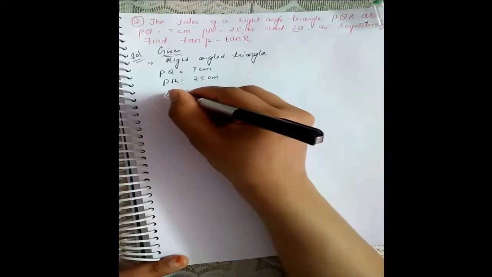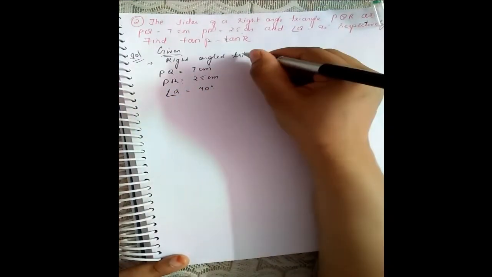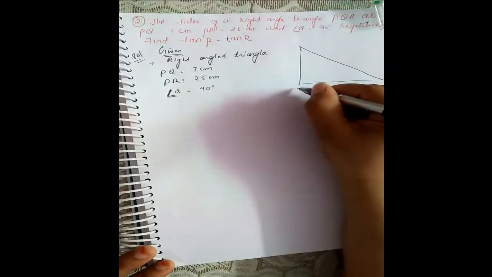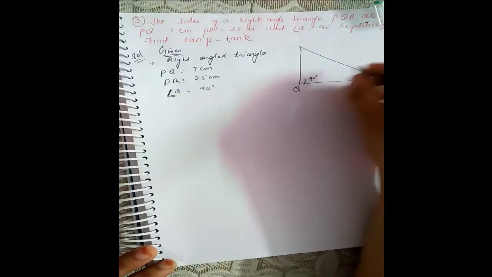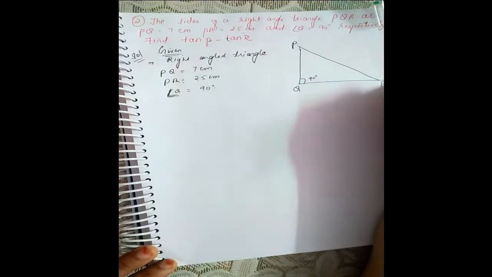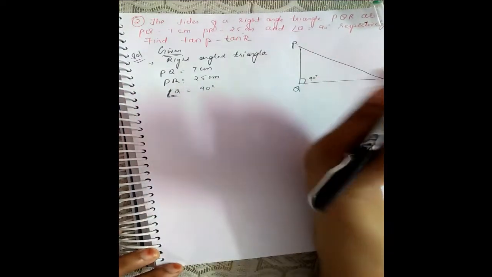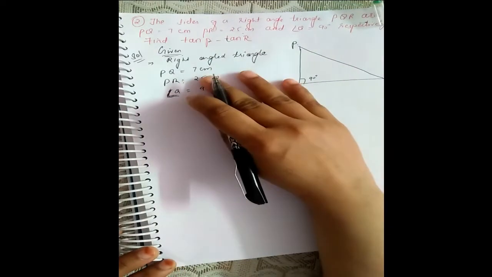So we know that angle Q is 90 degrees, but the other angles we don't know. Now let us draw a right angle triangle. Since it is given in PQR terms, we will not be taking ABC, and already we know that angle Q is 90 degrees. Take it this way.